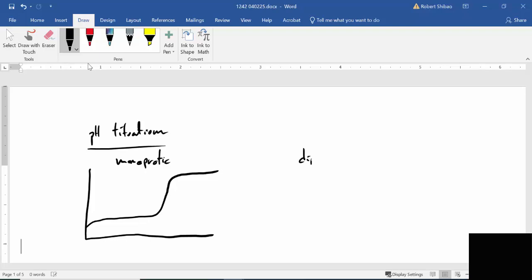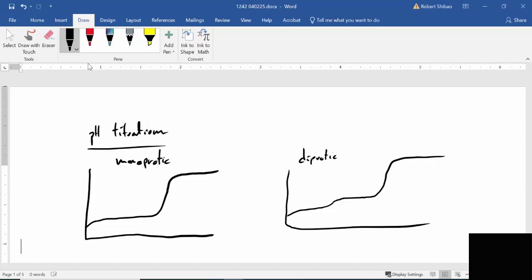Versus a diprotic acid, which is going to have a small blip at the midway point and then a large one at the equivalence point. So there are going to be two waves here. And this is plotting pH versus milliliters of sodium hydroxide. We just call this the titration curve.